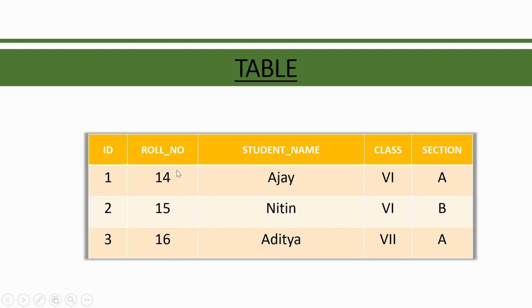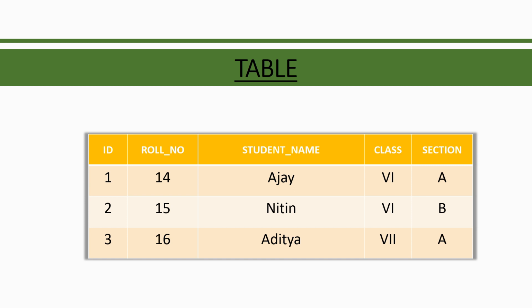I've given that as a series, but you can assume they're just random numbers. And over here it is Nitin and 6B, and then roll number 16 is Aditya, which belongs to class 7th A.